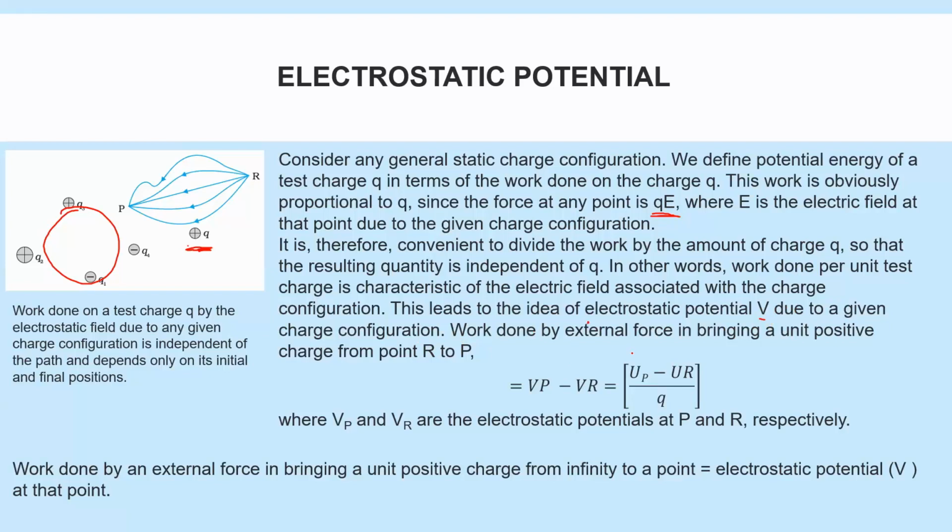So the work done by the external force in bringing a unit positive charge from point R to point P is going to be given as Vp minus Vr.